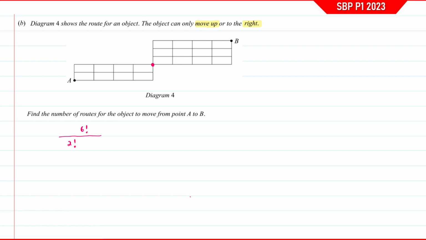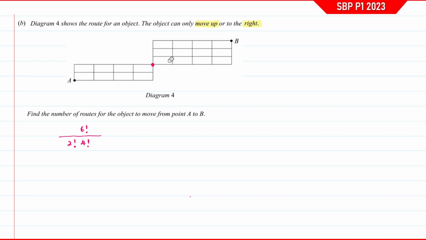For the first part, the object will always move 4 places to the right, no matter which route you choose. This will be considered identical as well. Therefore, for the movement to the right, we divide by 4 factorial. Then this will be the routes for the first part.